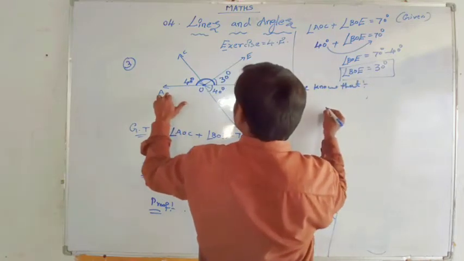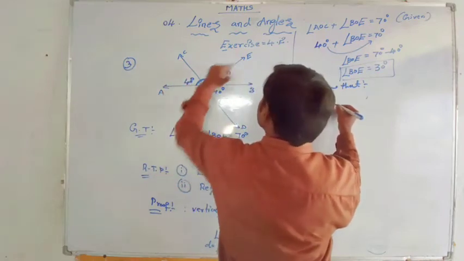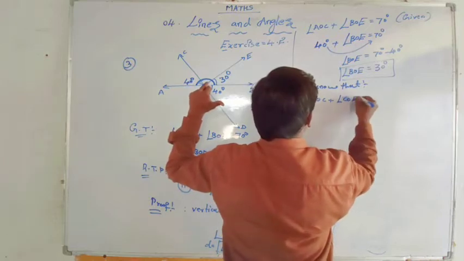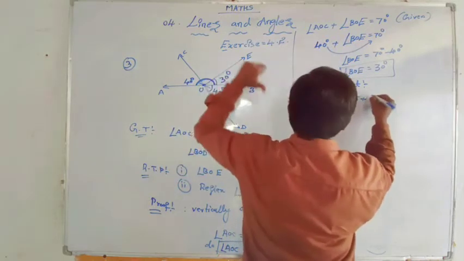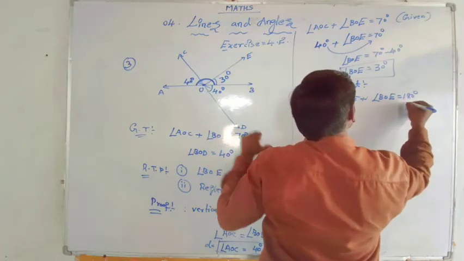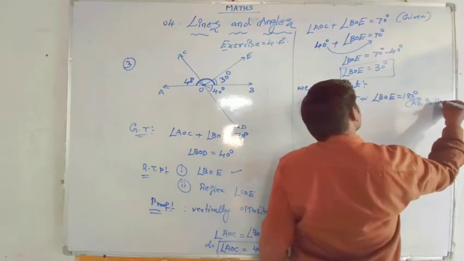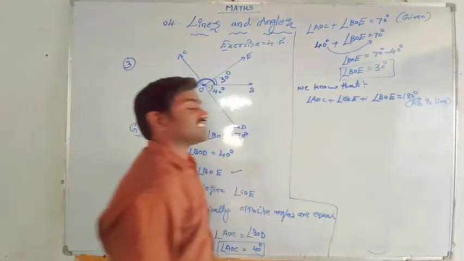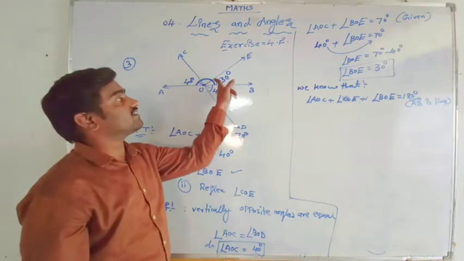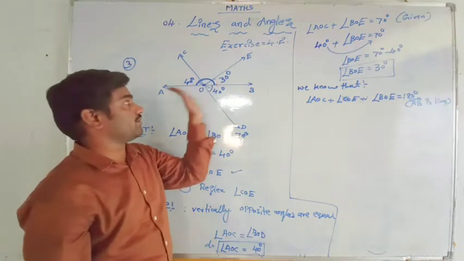We know that angle AOC plus angle COE plus angle BOE is equal to 180 degrees, because AB is a straight line. So the sum of these three angles will give us 180 degrees, because it contains a semicircle also, you can remember.